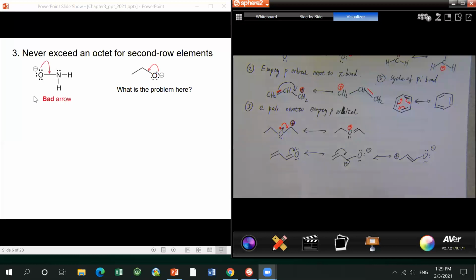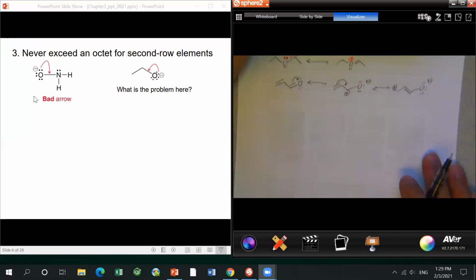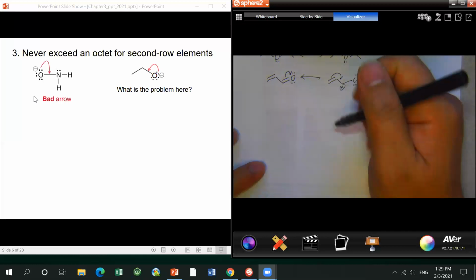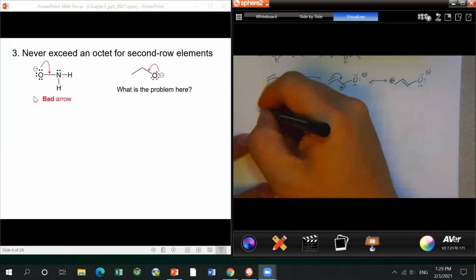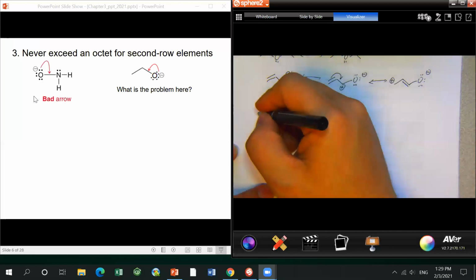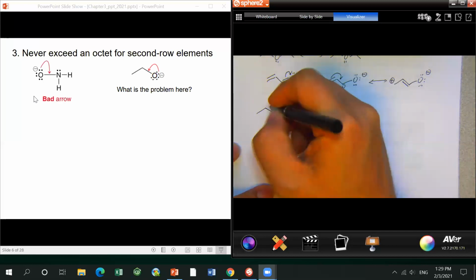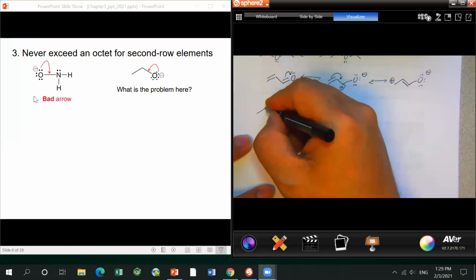The second one is a similar situation. Because we just started to learn the line angle structure, sometimes students forget how many hydrogens are attached to the carbon, so they sometimes show this kind of mistake. For this carbon, there are still 2 hydrogens attached to it.